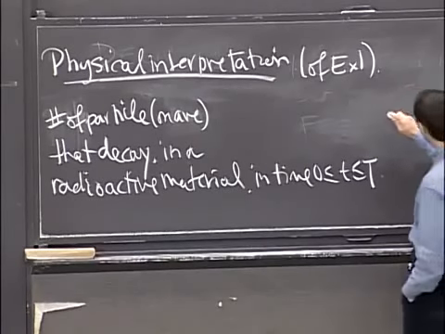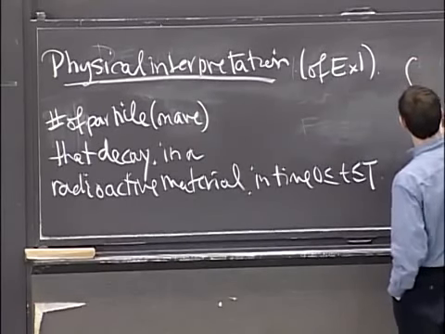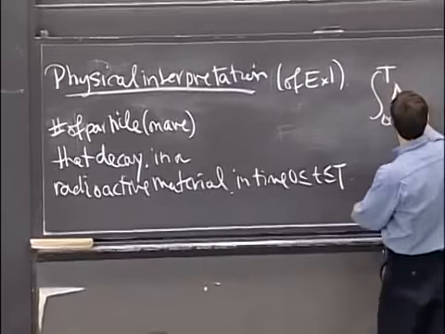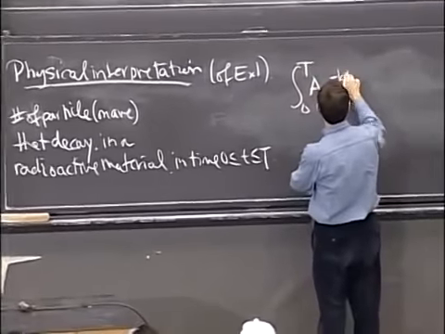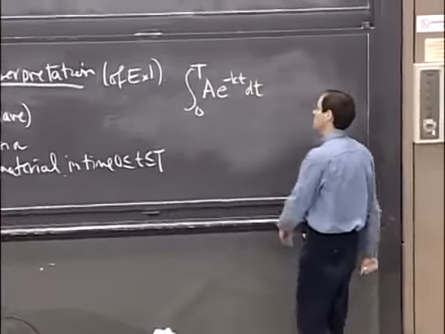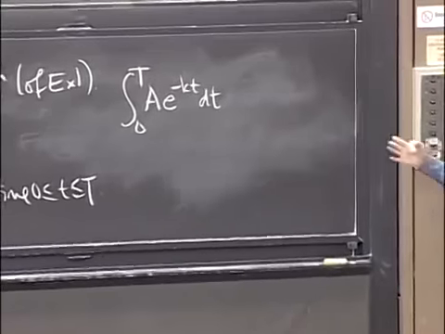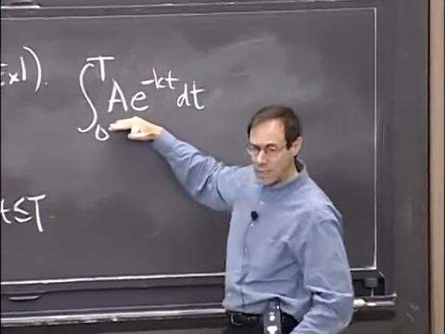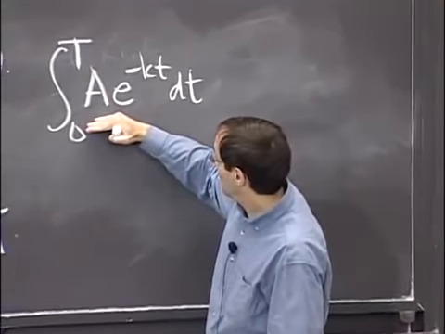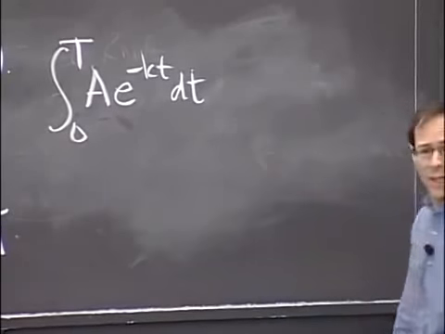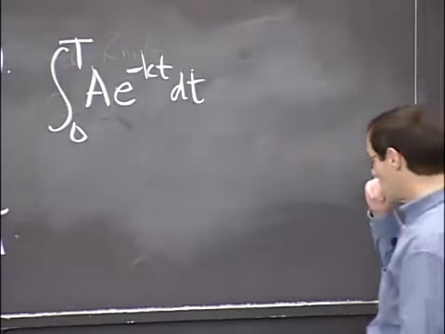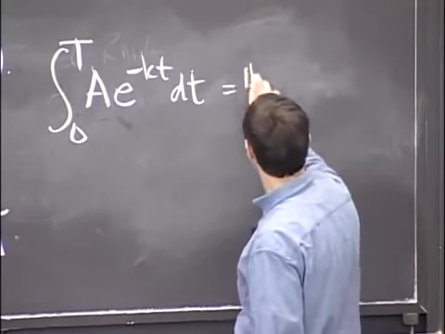And then that would be this integral, 0 to capital T, some total quantity times this integral here. This is the typical kind of radioactive decay number that one gets. Now, in the limit, so this is some number of particles.